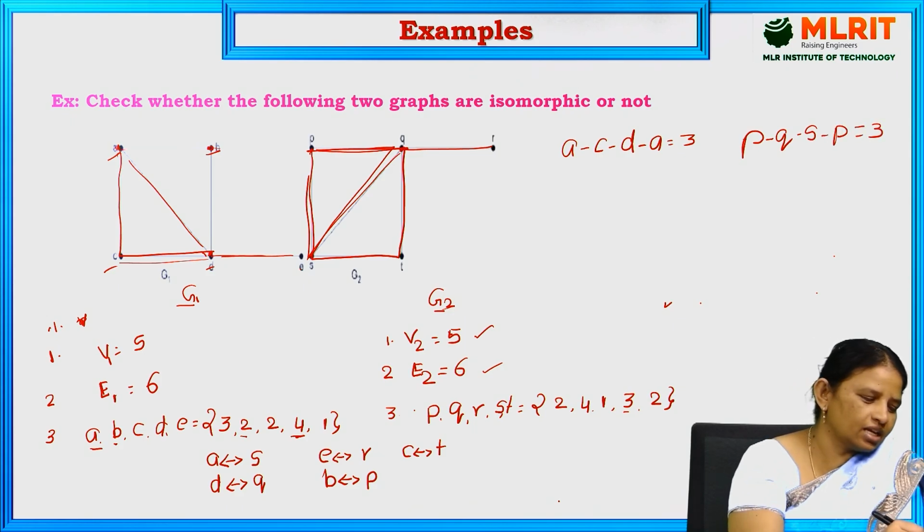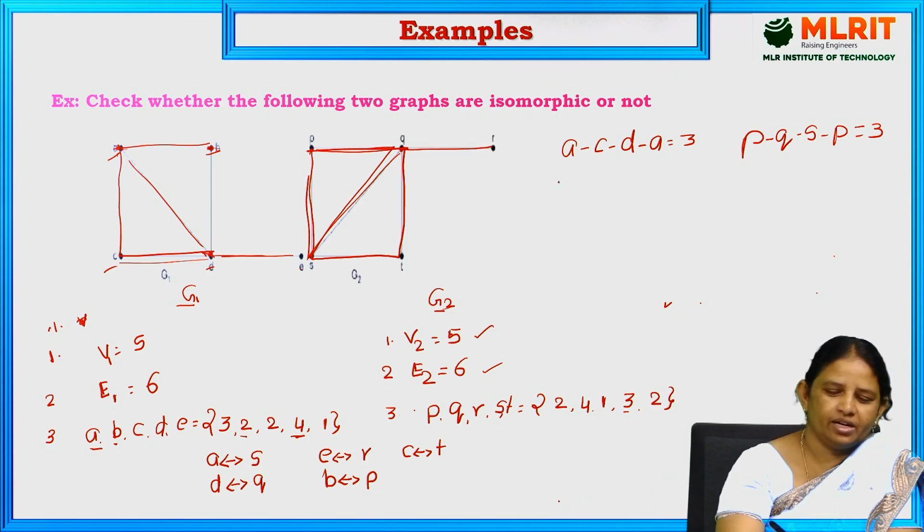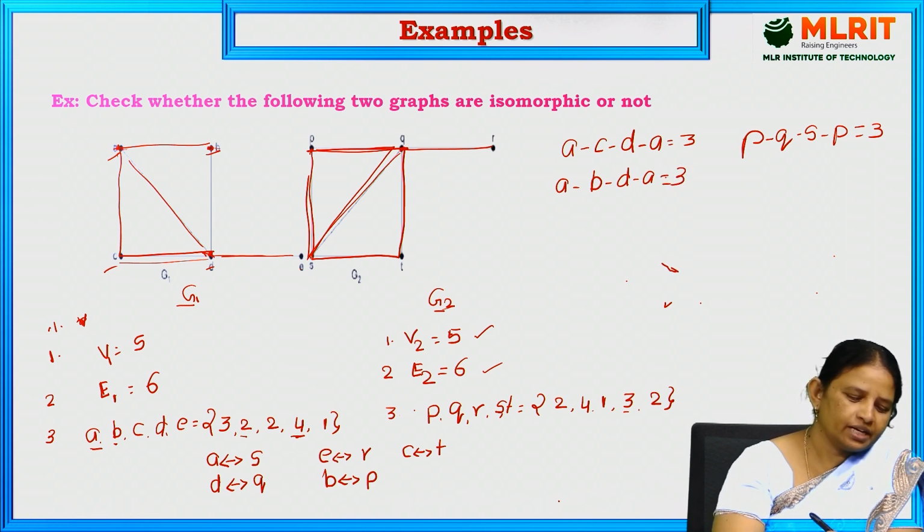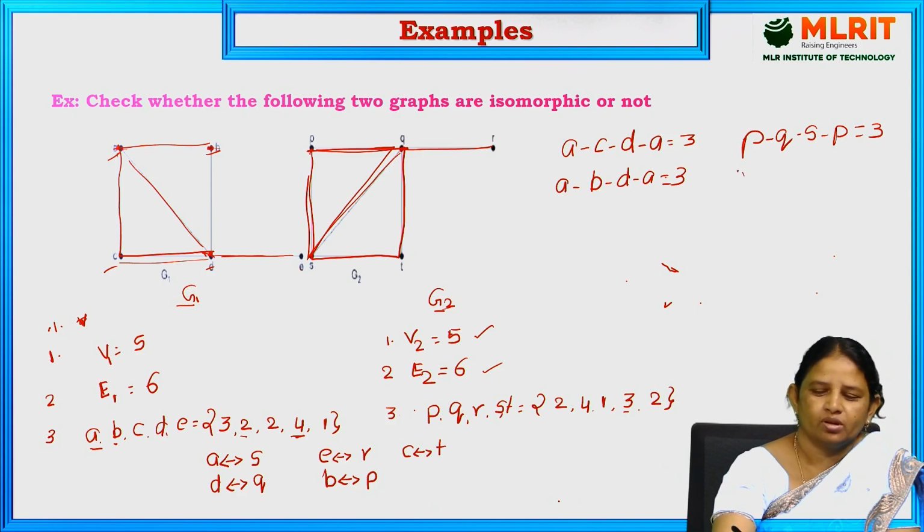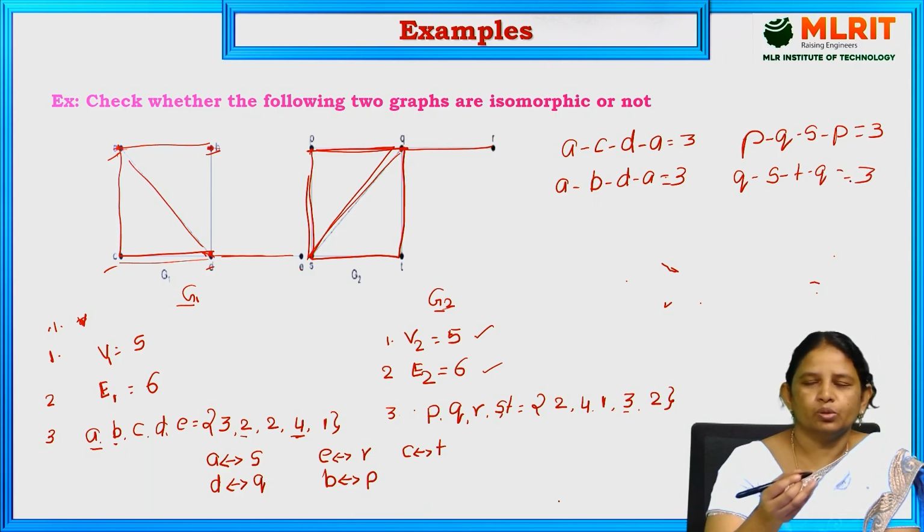Next, another cycle A, B, D, A is length 3. Next, here also Q, S, T, Q. That is 3. That is 2 cycles are there.